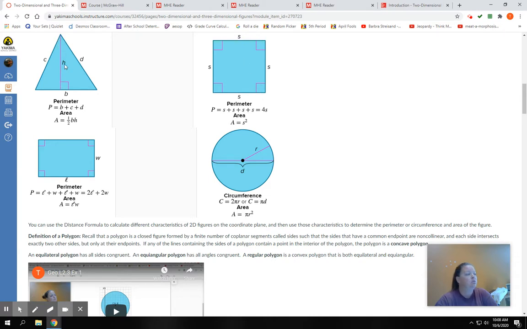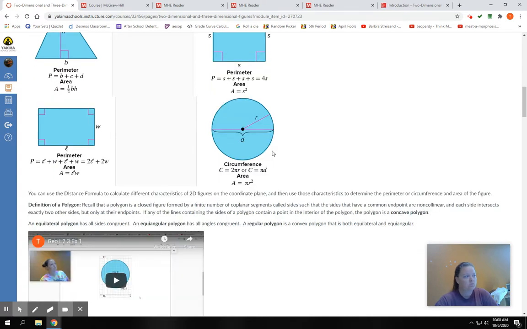An equiangular triangle or equilateral triangle is an equiangular polygon. And then a regular polygon is a convex polygon that is both equilateral and equiangular. So a square is a regular polygon. An equilateral triangle is a regular polygon. Rectangles are not regular polygons because their sides are not all the same. Any questions on that?